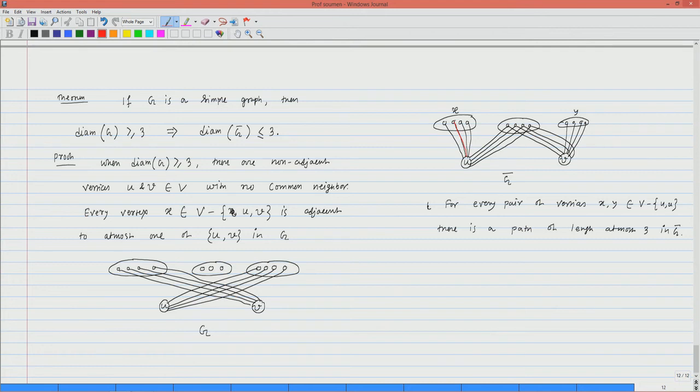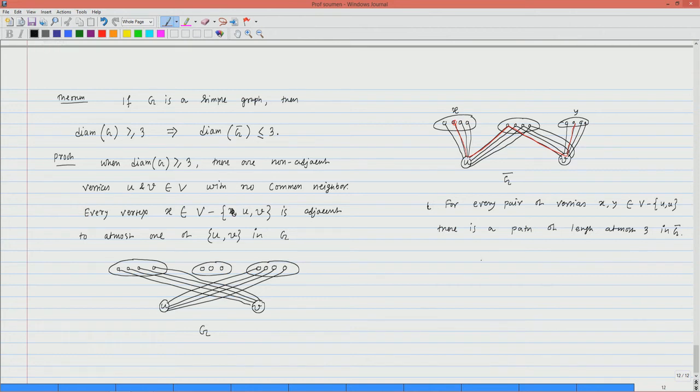If this is my x, then this is a path of length 3 from x to y. And if both x and y are here, then I can get a path of length 2 like that. So, that is why you take any pair of vertices, there is a path of length at most 3 in G complement.